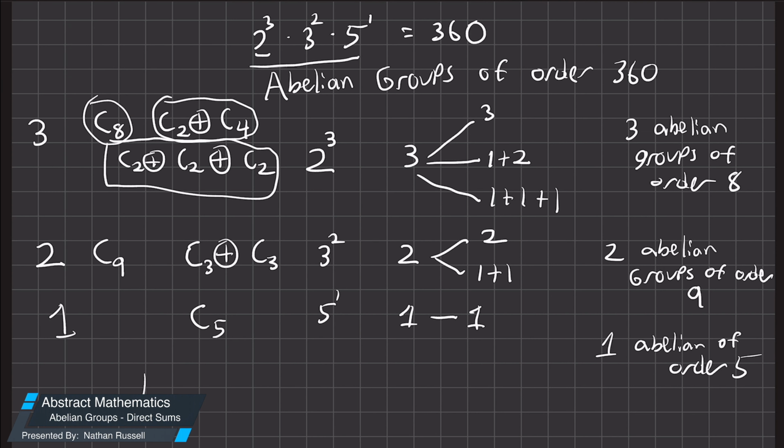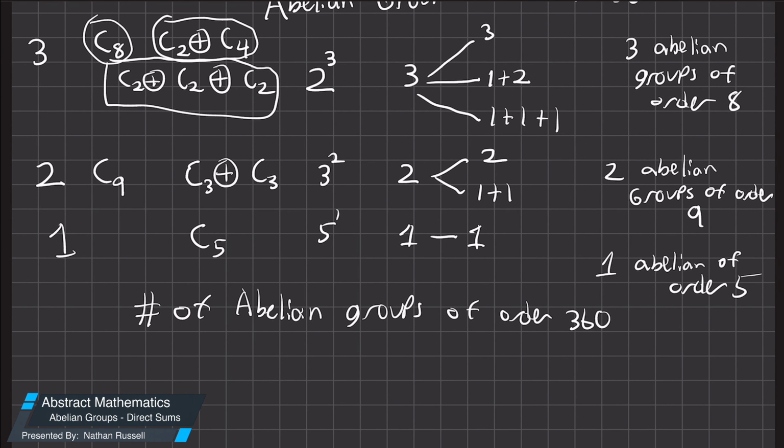And so the number of abelian groups of order 360 is 3 times 2 times 1, which is 6. There are 6 abelian groups of order 360.